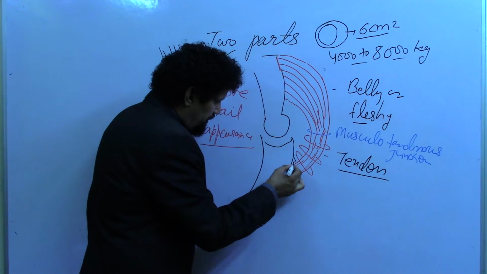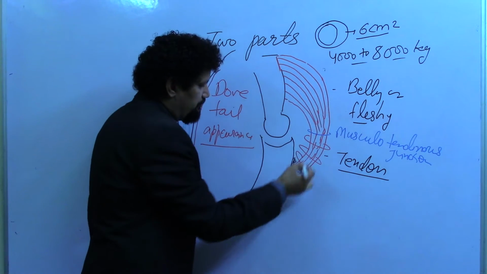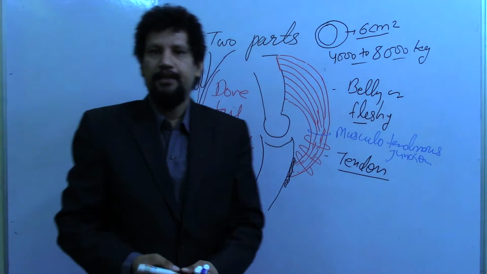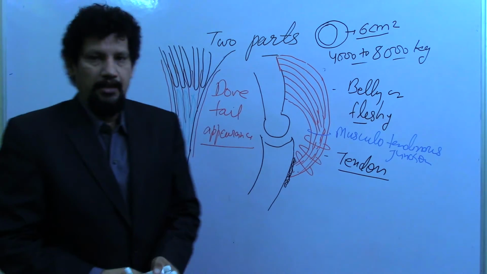So it attaches the fleshy part of muscle to the periosteum of the bone.